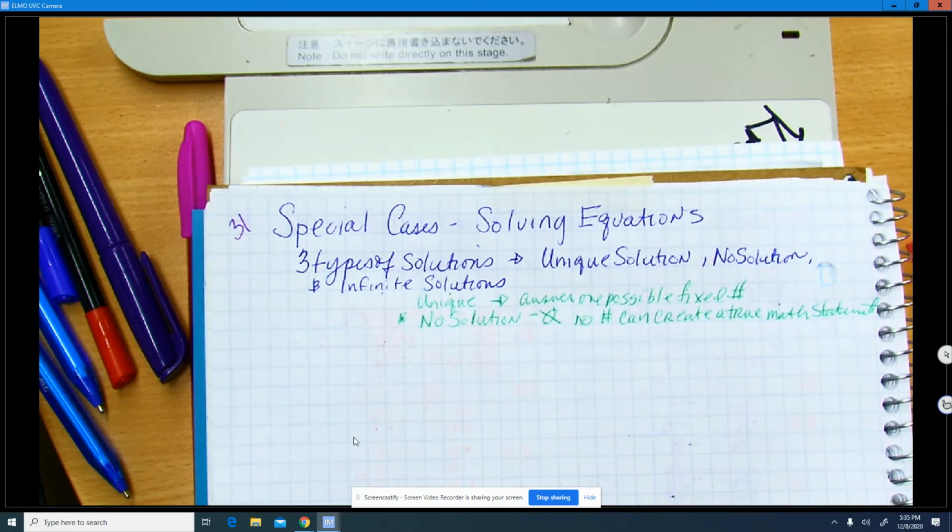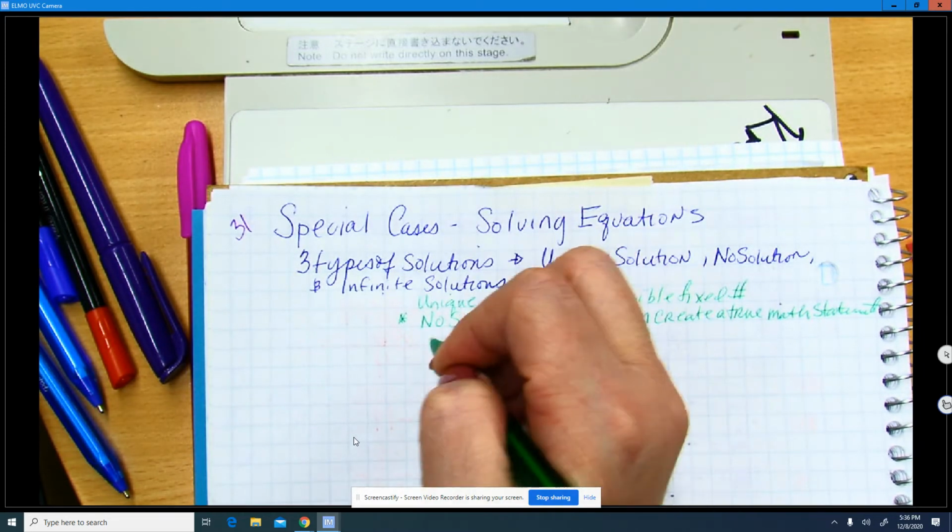In other words, no matter what rational number I substitute into the equation for the variable, I can't make the statement true, right? Like 3 does not equal 7. If it did, I will lend you $3 and you can pay me back 7, right?